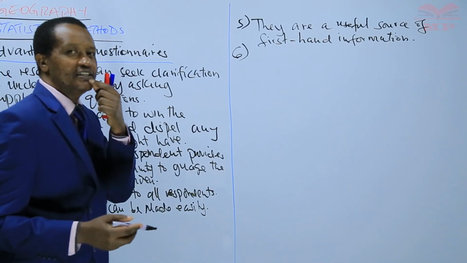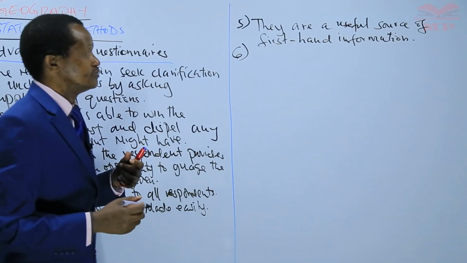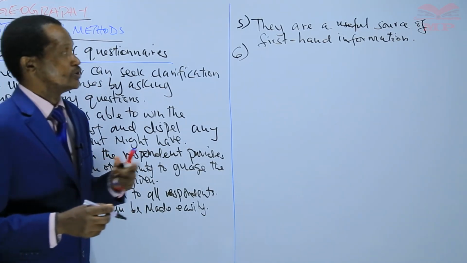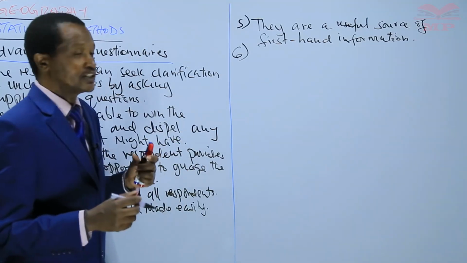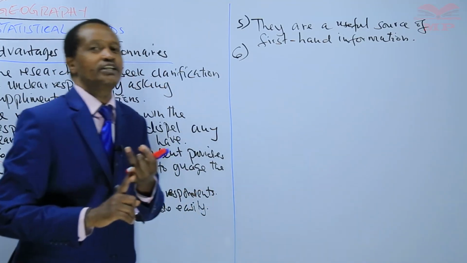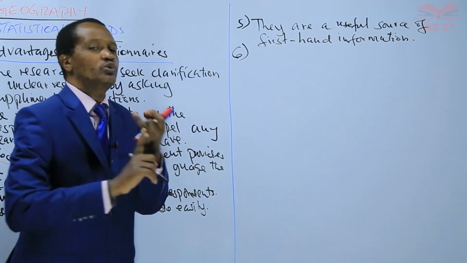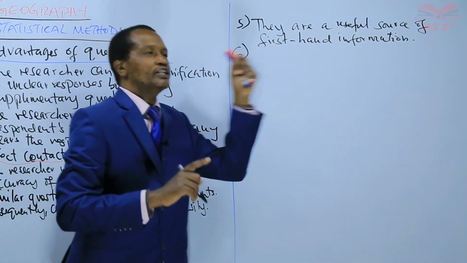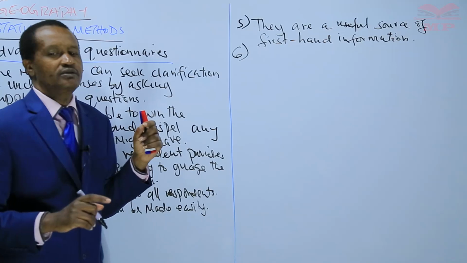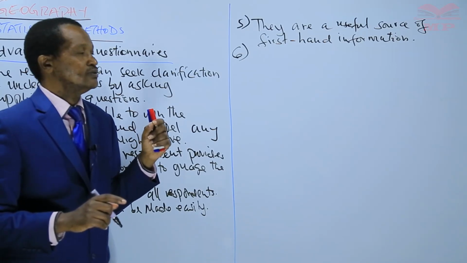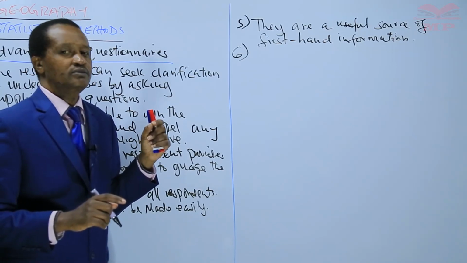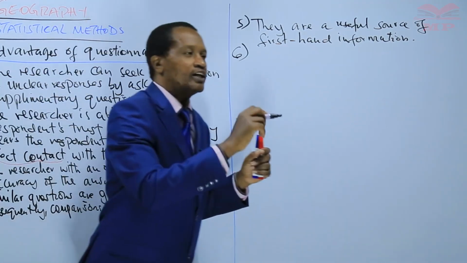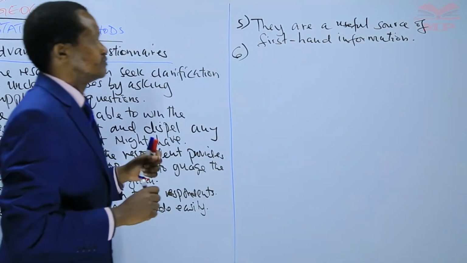All right. Is there any question? If there is no question, let us proceed to give the 6th advantage. The 6th advantage, learners, is that rigid questions, when posted to the respondent, reduce what we call fieldwork expenses.